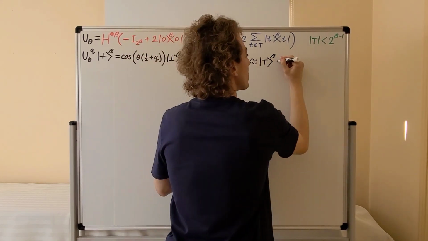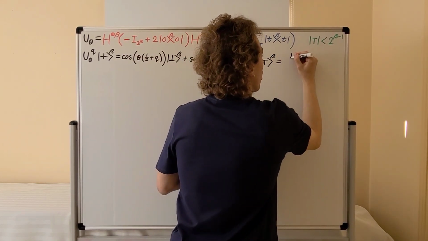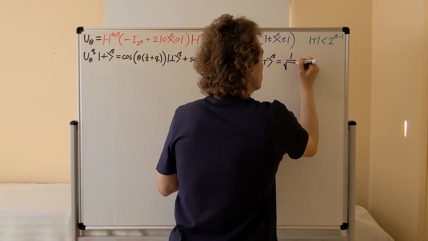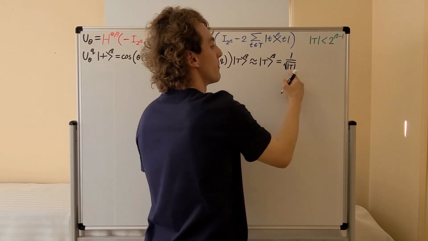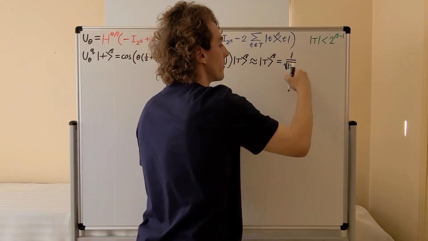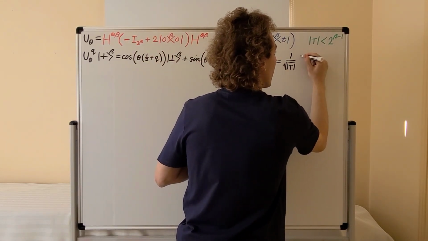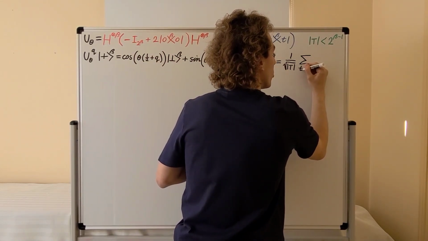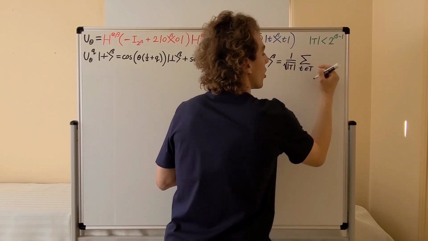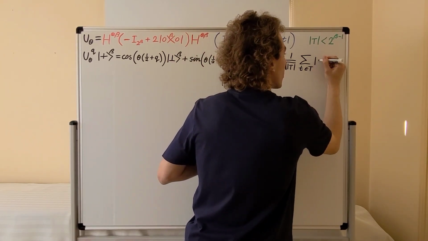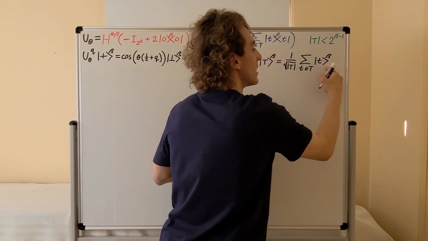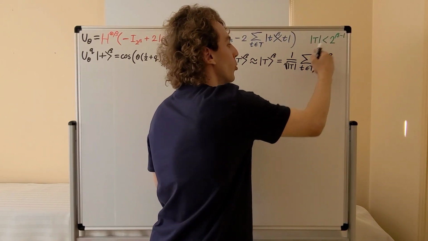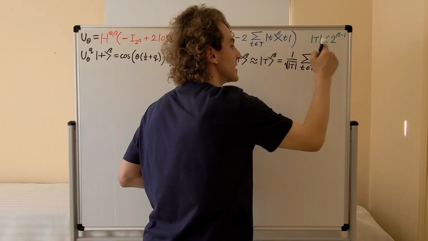And we can write the target superposition as 1 over the square root of the cardinality of the target set. So the number of targets is in the normalization coefficient. And we want to multiply this by the sum over all of those little t's that are elements of this set big T. These little t's serve as labels for beta qubit computational basis states, and all of these are considered to be target states.